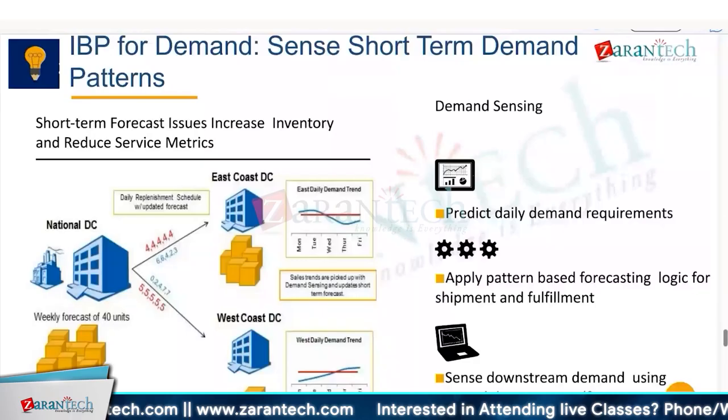But when you actually come to the month of August, the entire ball game has changed, because the market dynamics have changed. The surrounding environments have changed, which has impacted the demand. There has been a lot of change in the surroundings and in the conditions of the market. So in actuality, you end up either selling less or selling more. So there is a lot of volatility in the near future.